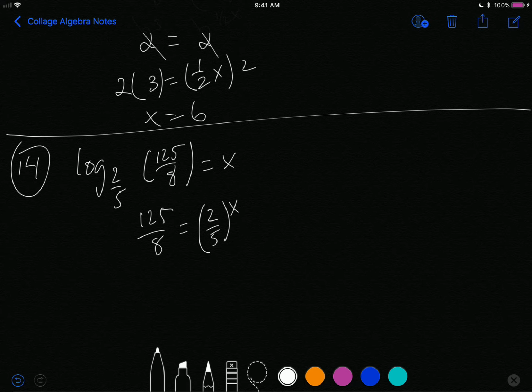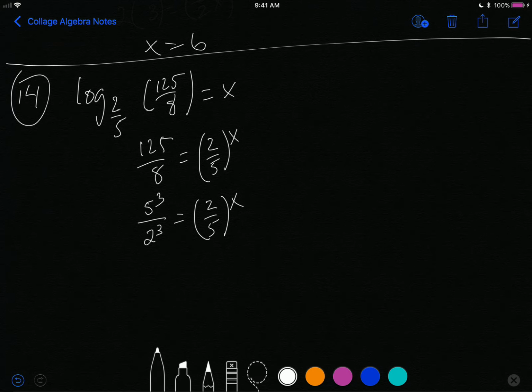After I convert to exponential form, 125 is 5 to the third. 8 is 2 to the... Look, this is going really good. I know I can factor out the 3. 5 over 2 raised to the 3 is equal to 2 over 5 to the x.